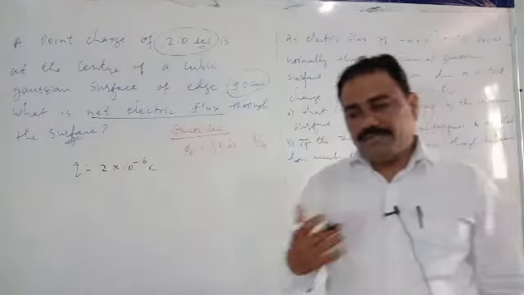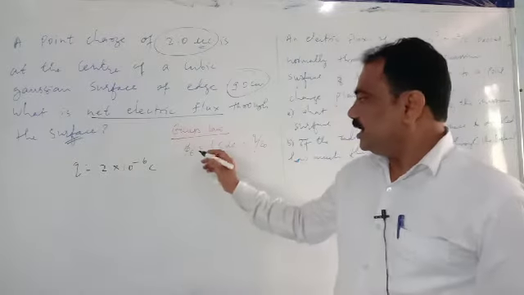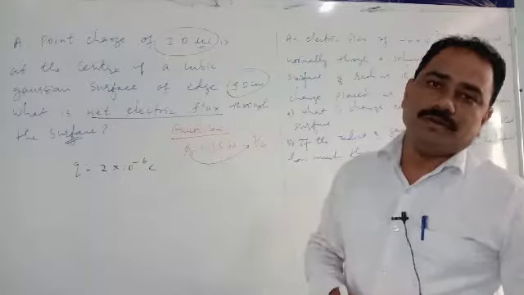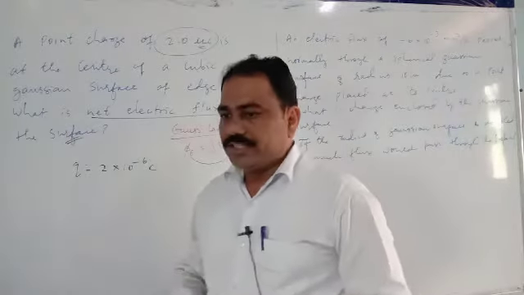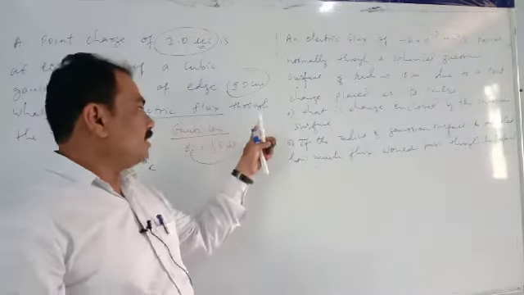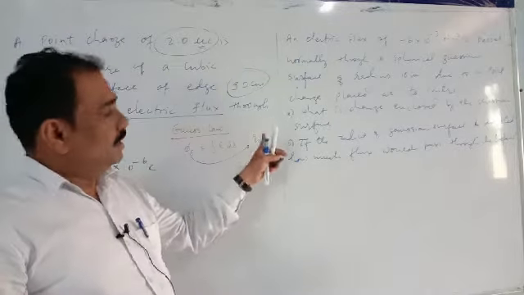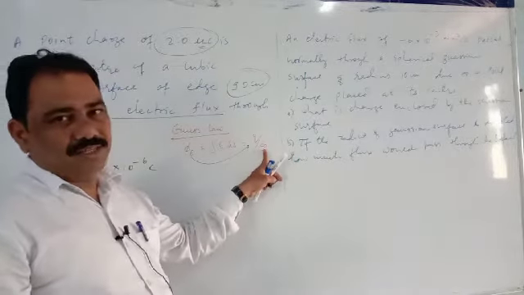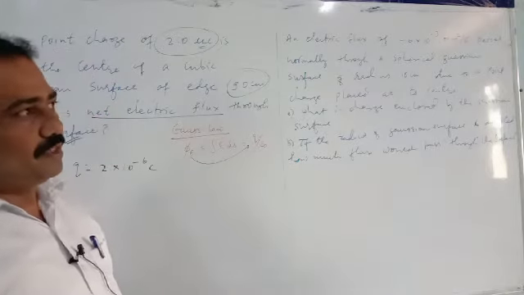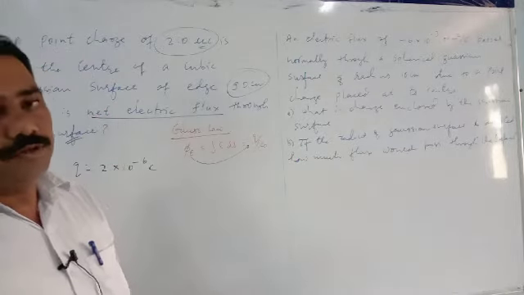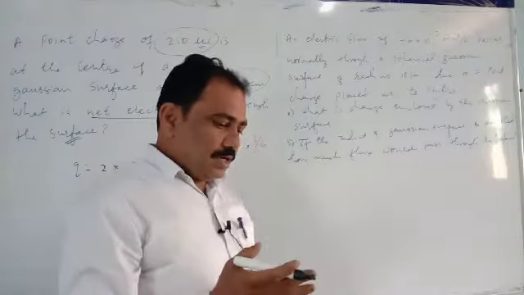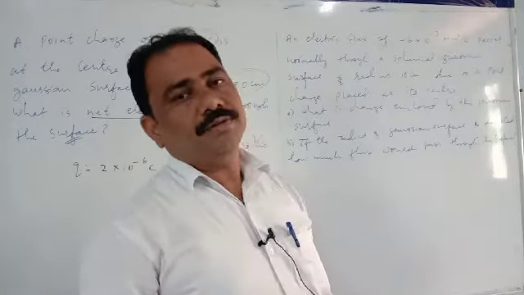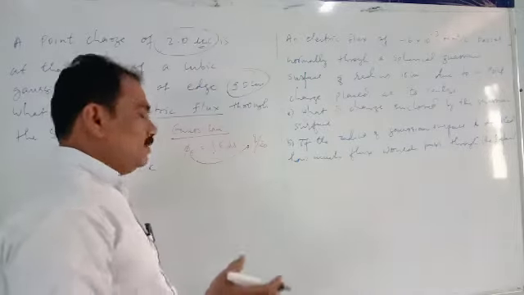Now, using Gauss law, what is the net electric flux? The net electric flux is Q by epsilon naught, where Q stands for the net charge divided by epsilon naught, the permittivity of free space, which we have seen in our previous videos.